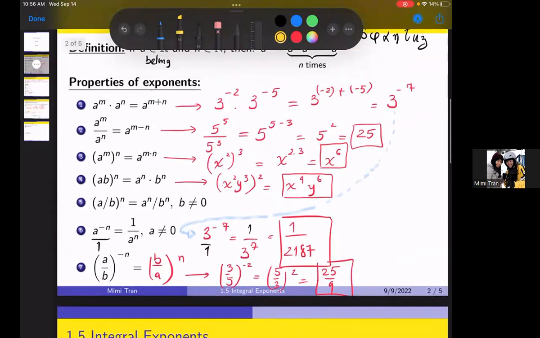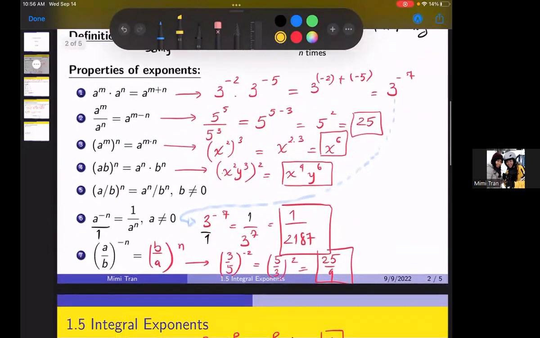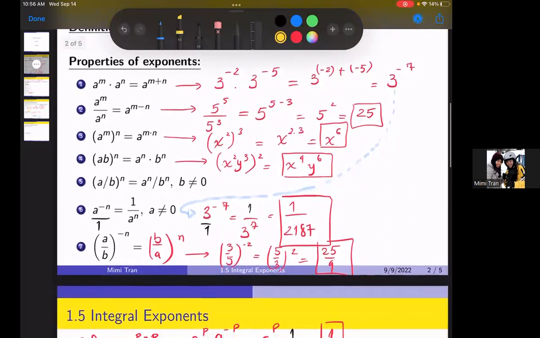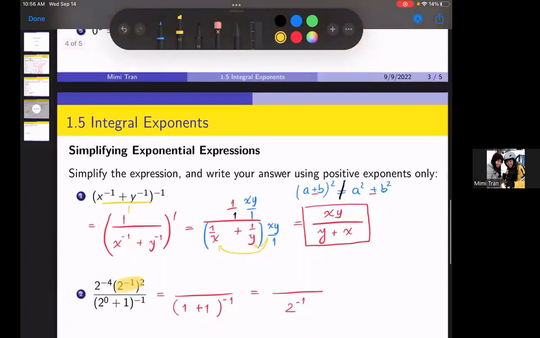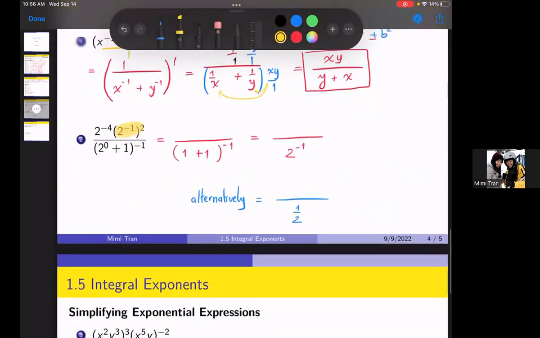Rule number 3, right? Power rule, m times n. So that means negative 1 times 2, so 2 to the negative 2. And rewrite the front one, 2 to the negative 4. If you have the same base, 2 and 2, you add the exponents, the very first rule, right? So 2 to the negative 6.